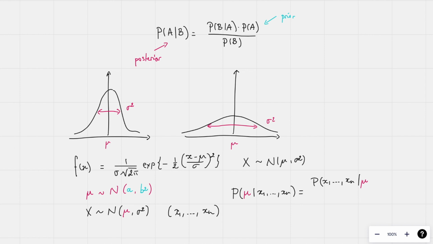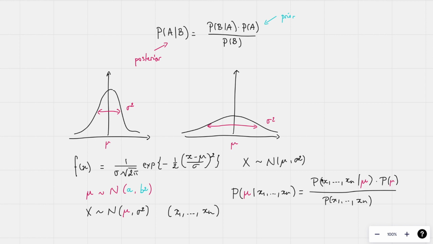We also need to compute the probability of mu, and finally we need to compute the probability of x1 to xn.